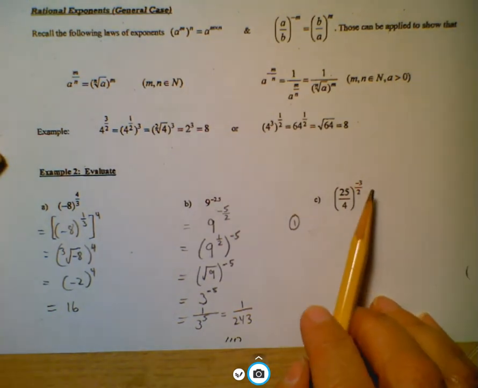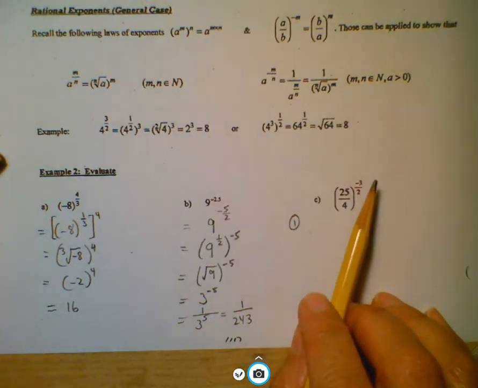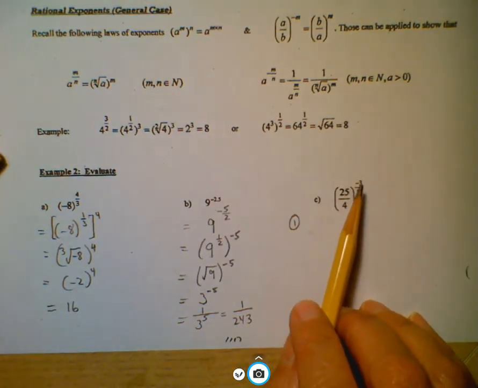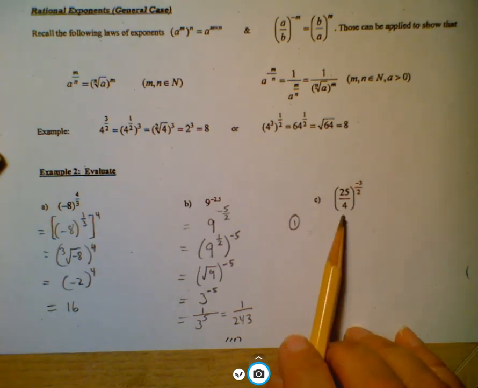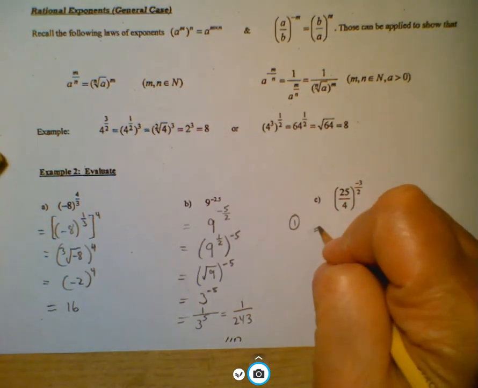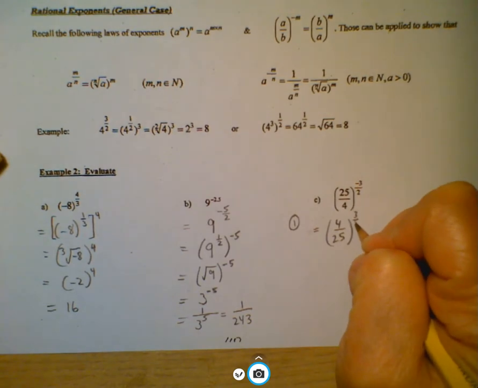The one way you could do it is you could handle the negative exponent first, which means let me get rid of this negative exponent. Anything to a negative exponent is equal to the reciprocal of the base to the positive exponent. So let me take the reciprocal of the base to the positive exponent.